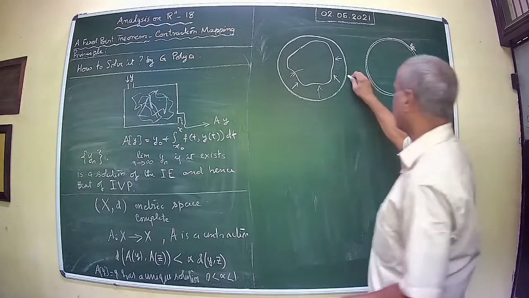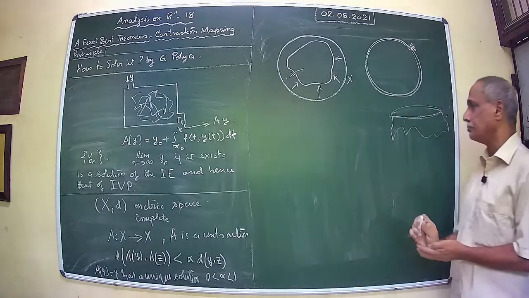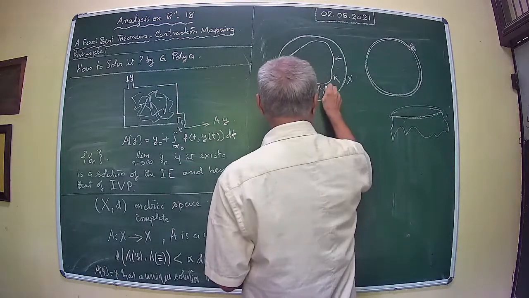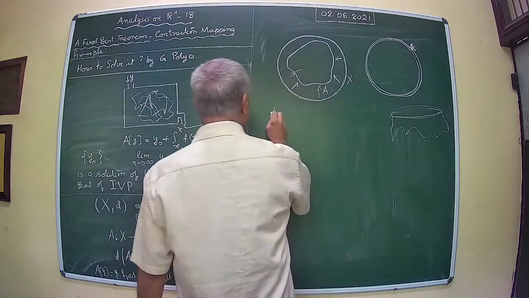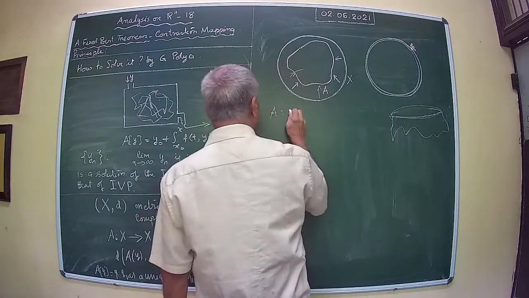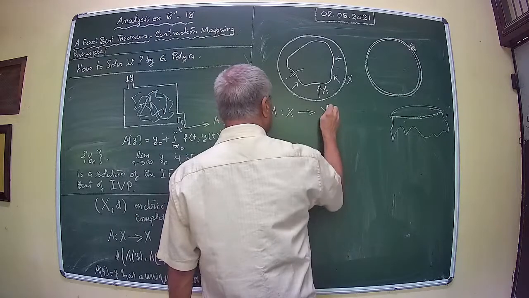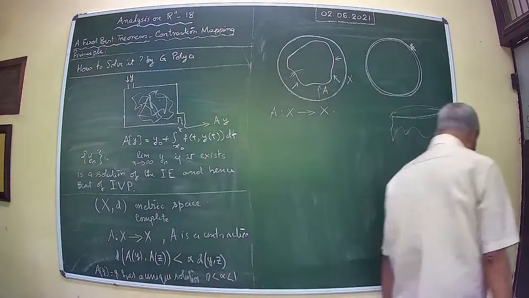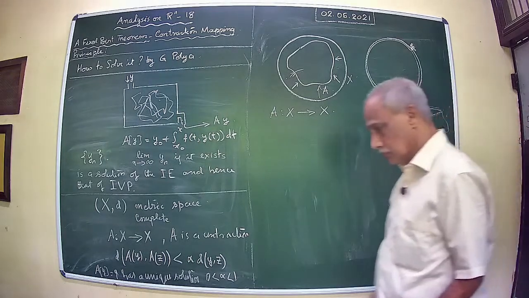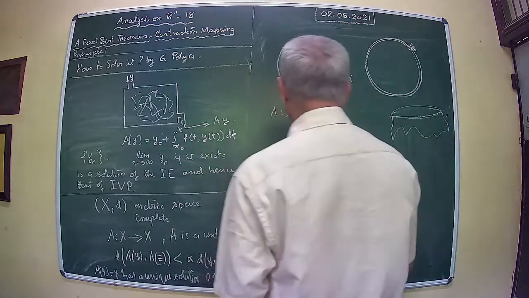So this is your x. You take this as your x. Now you see this you take as the transformation A. So A is a map which maps all the points here from x to x. If you also see what we have done, because we have released it, what happens?